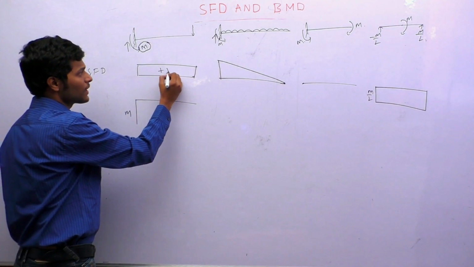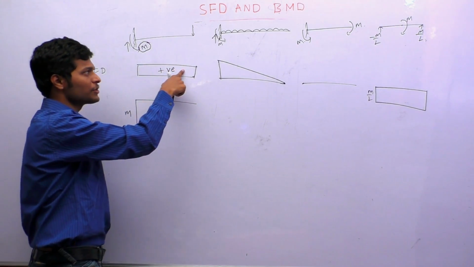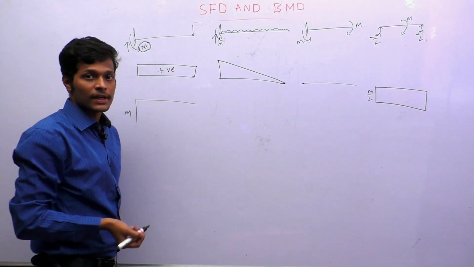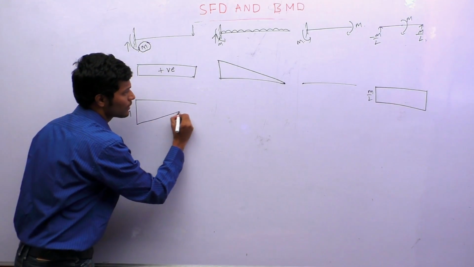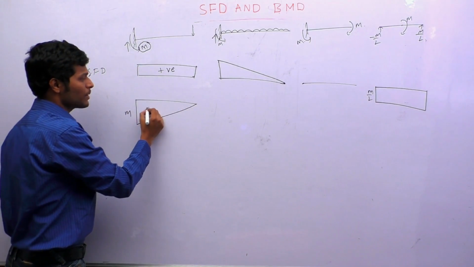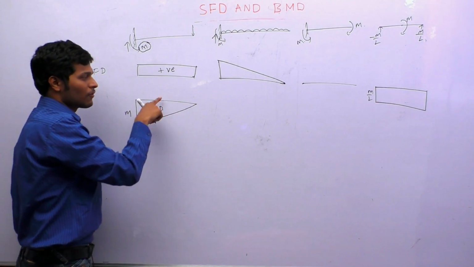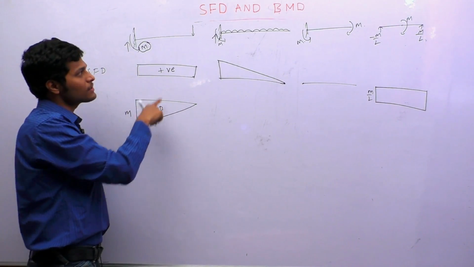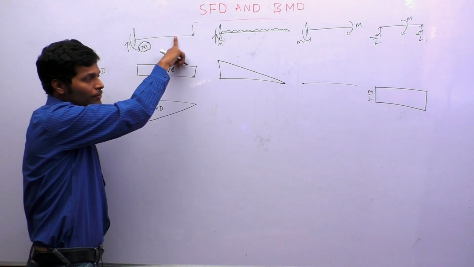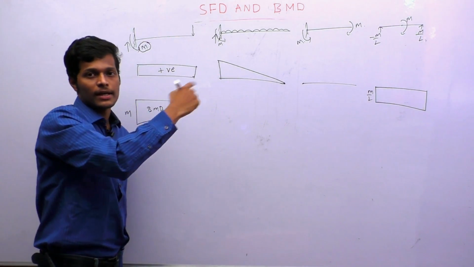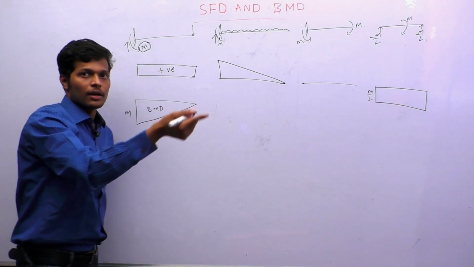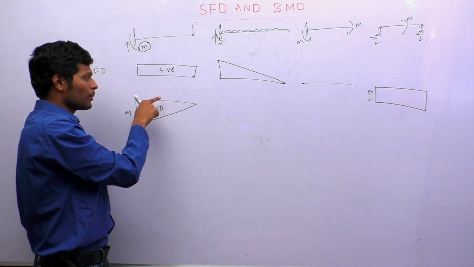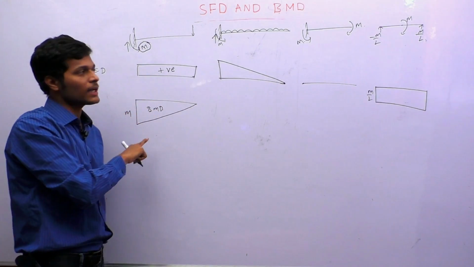Here the shear force is a positive rectangle, which means in bending moment I will have a triangle that is rising. So this is my BMD. Why is it on the top side? In a cantilever we will have hogging, in simply supported we will have sagging, so that is why I got bending moment on the top side here. In simply supported I got it on the bottom side.